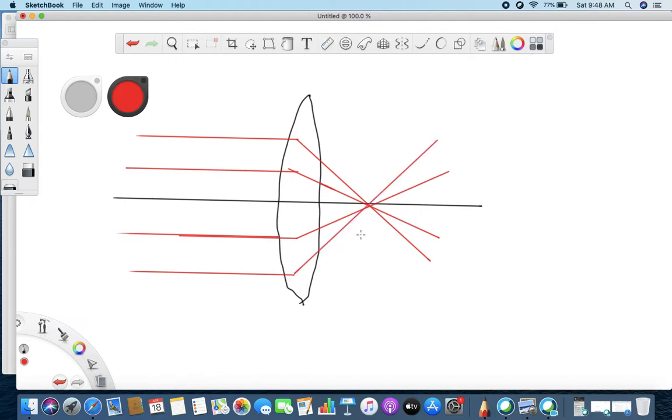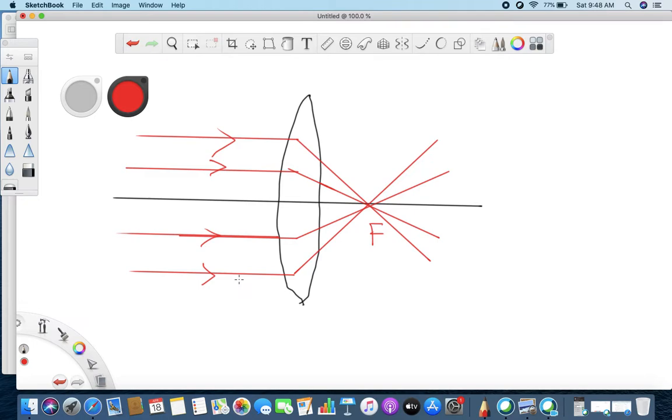And this point we call the principal focus. So when you pass parallel rays of light, the same rule happens here. After refraction, they all meet at one point, called the principal focus.